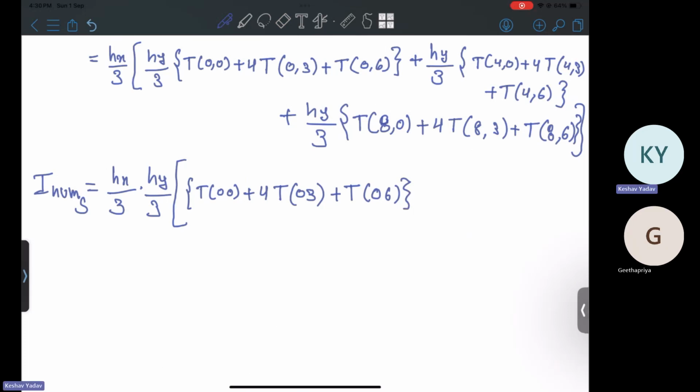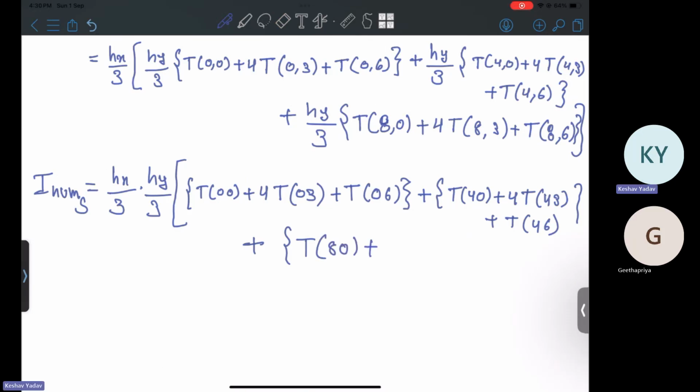This is the first vertical line, plus T(4,0) plus 4 times T(4,3) plus T(4,6), plus T(8,0) plus 4 times, oh sorry, here it will be 4 times, no?